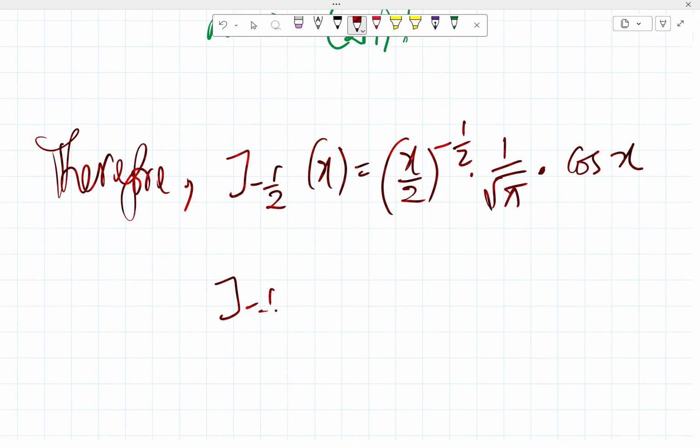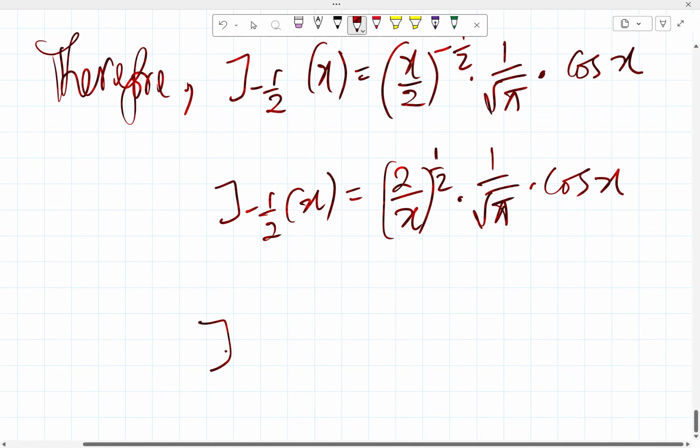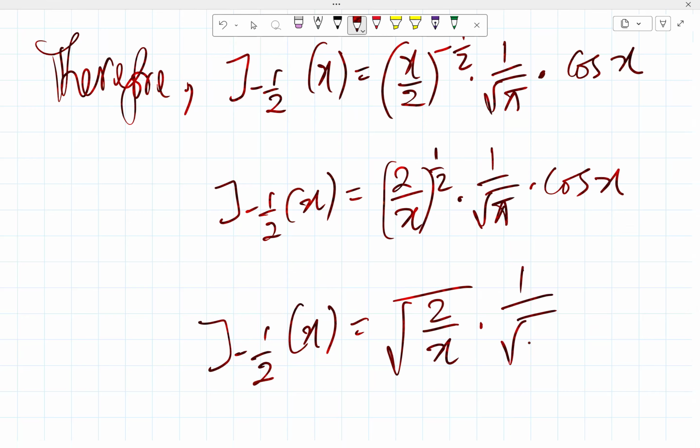That means we have J sub minus half of x equals, of course, this will be 2 over x raised by half. And this is 1 over root pi times cos x. So that is J sub minus half of x equals square root of 2 over x, because raised by half is that. Then you have 1 over square root of pi multiplied by cos x.